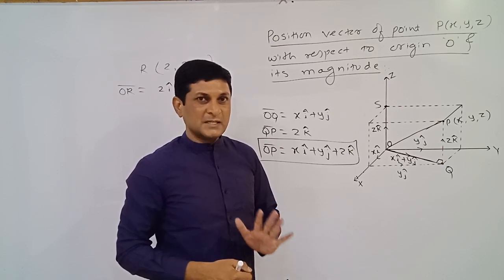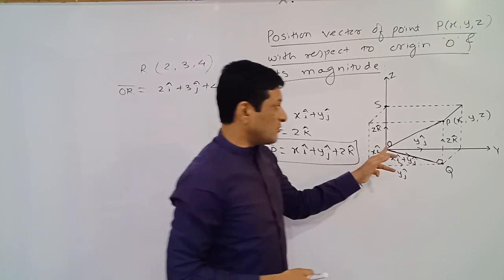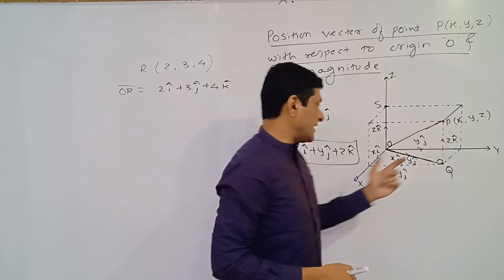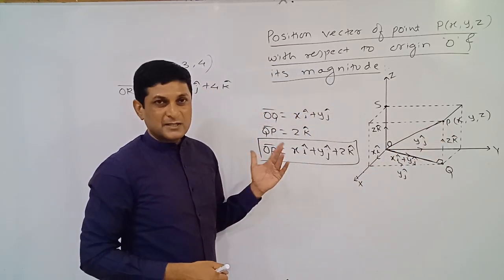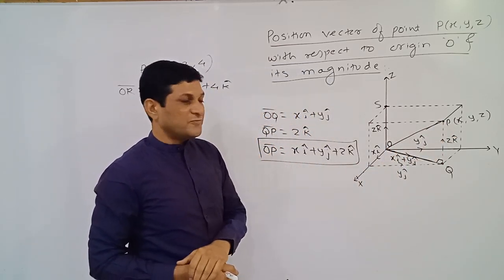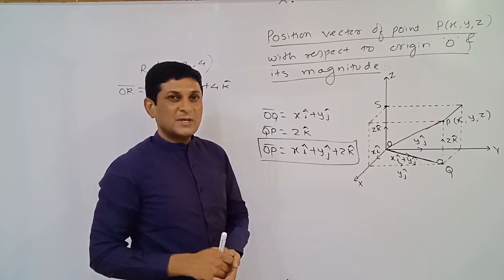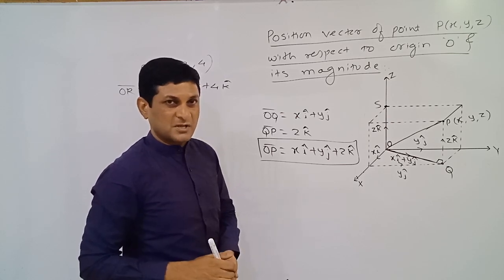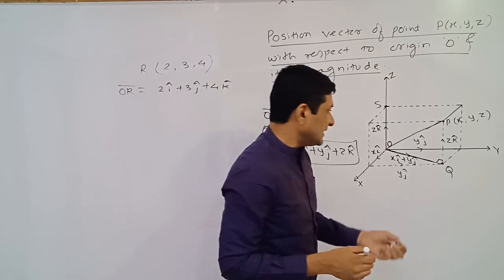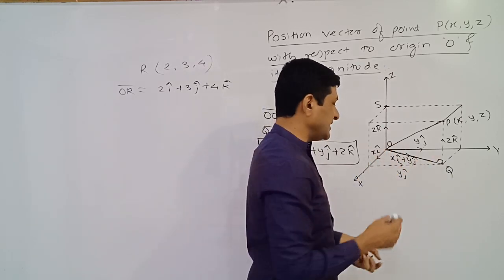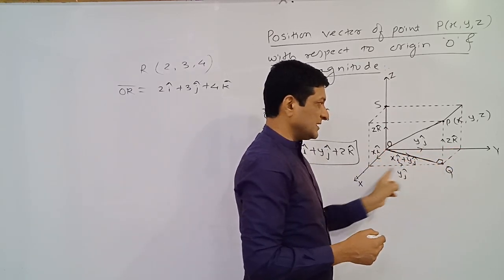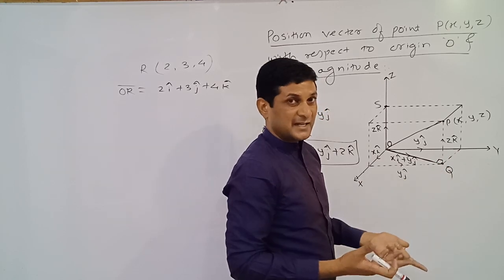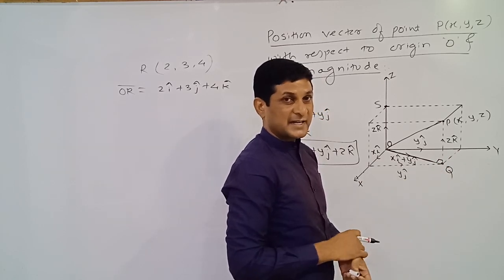Is it clear? Now we are trying to find the magnitude of this vector. Magnitude of what? OP bar. So while finding the magnitude, let us take the help of Pythagoras theorem here. Each angle is of what? 90 degrees, because its shape is like a rectangle, and we know that every angle of a rectangle is 90 degrees.